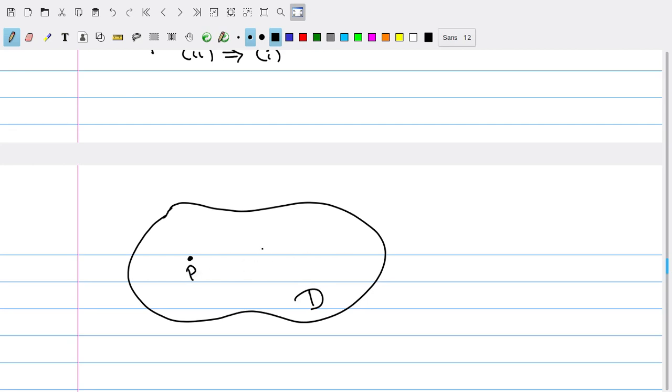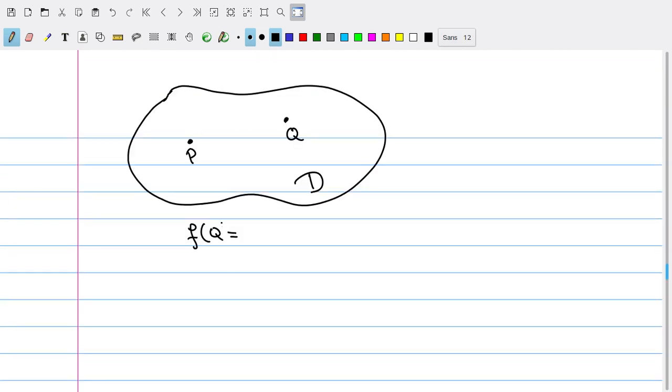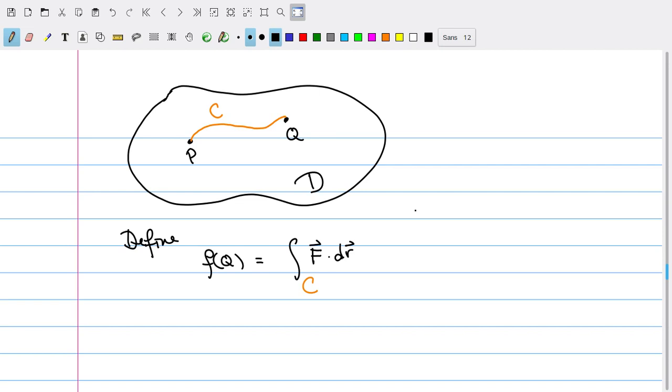And once I've picked my starting point, I'm going to define a function, f, which for any value Q is defined by taking a line integral over our curve C from P to Q of F dot dr. And I know that this is a well-defined thing because it's completely independent of the curve C. So let's just define some function.